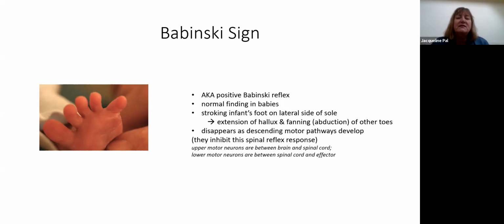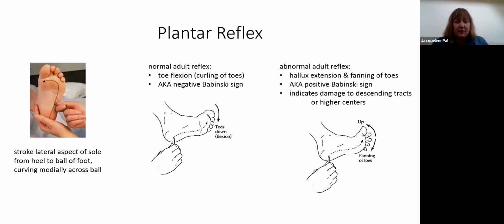And so what happens is as these descending pathways develop, and you end up with these lower motor neurons going to the effector organs, they are going to inhibit this spinal reflex. So this is just showing that only brain and spinal cord are intact, and it's showing that we don't have these lower motor neurons involved.